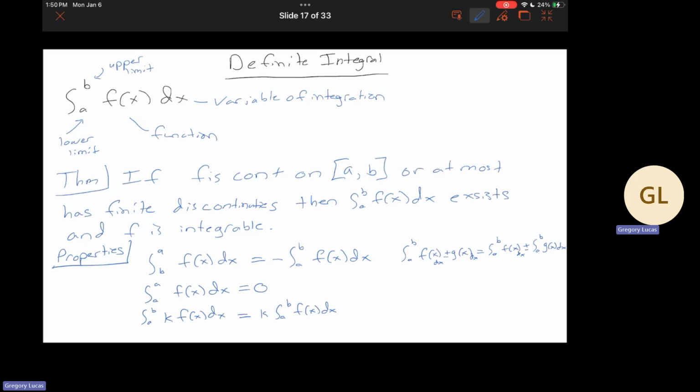And then lastly, the integral from a to c of f of x dx plus the integral from c to b of f of x dx is the same thing as integrating from a to b of f of x dx. So I can break integrals into two smaller parts if that's a little bit easier.